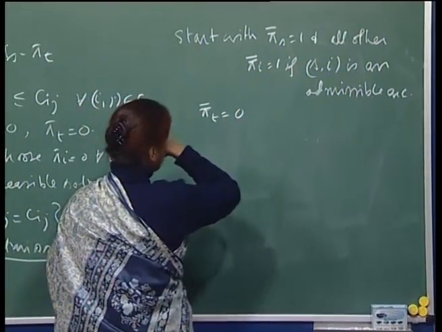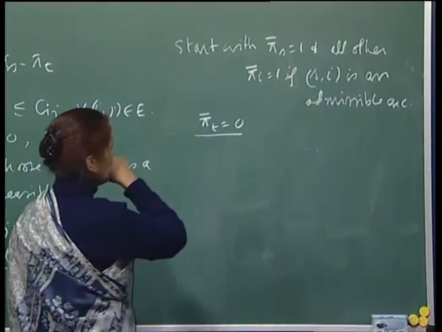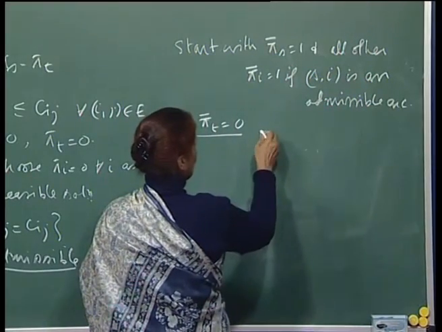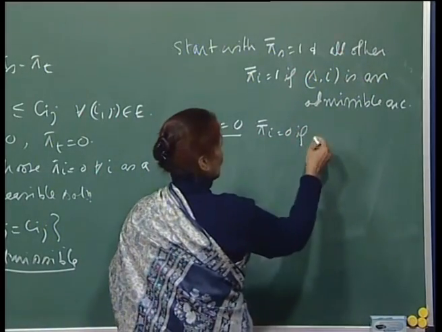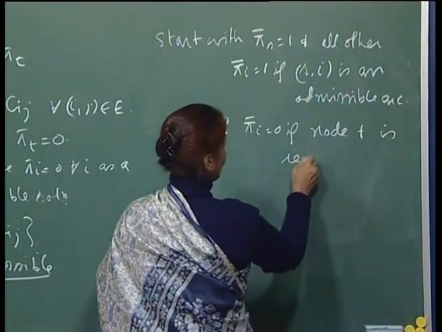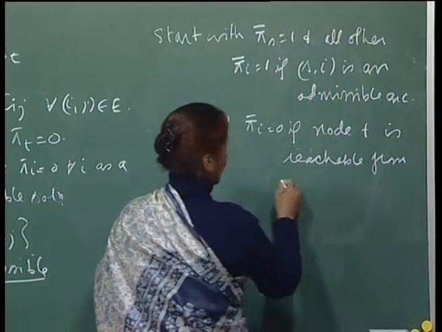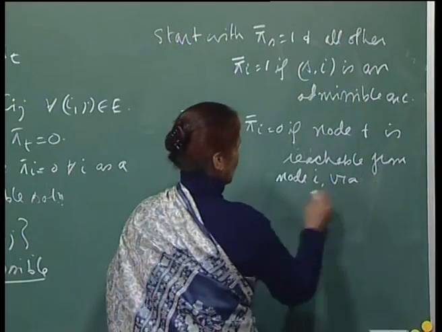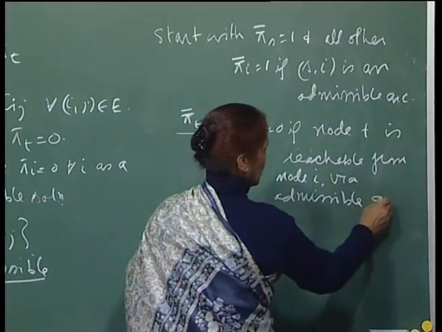So, the rule would be pi bar t is 0, and we will say that pi bar I is 0 if node t is reachable from node I via admissible arcs.